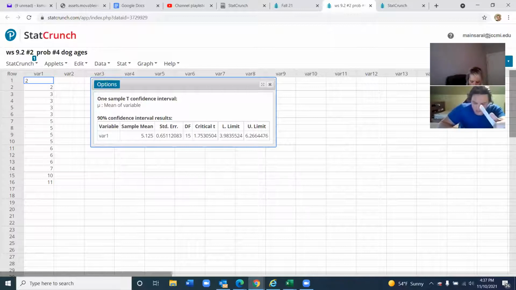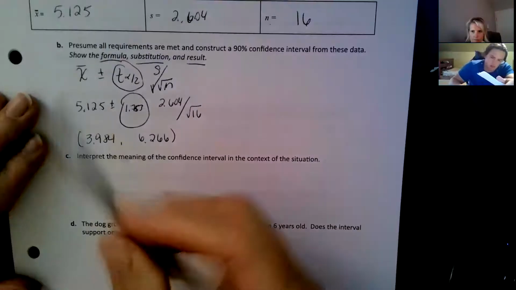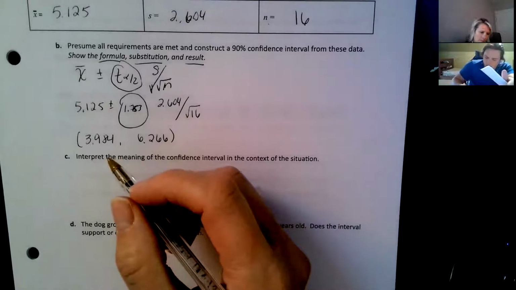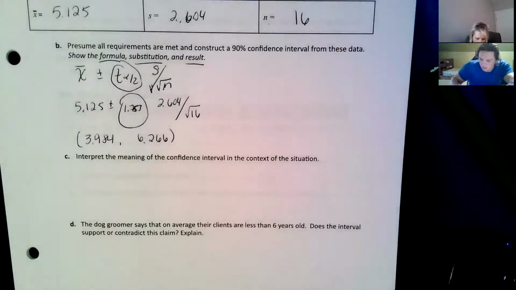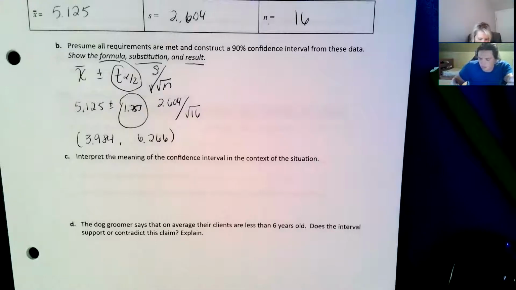Anybody want to share their write-up? Okay, I will.